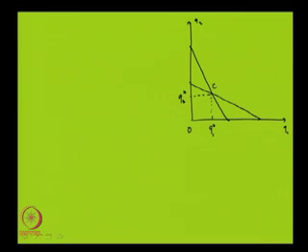Now, we have seen this before, that we can draw what are known as isoprofit curves or equal profit curves of both these firms. Suppose I want to draw the isoprofit curves of firm 1. So, they will look like the following. It is a concave curve, and the point where it is intersecting the best response function of firm 1, the curve is having a slope of 0.